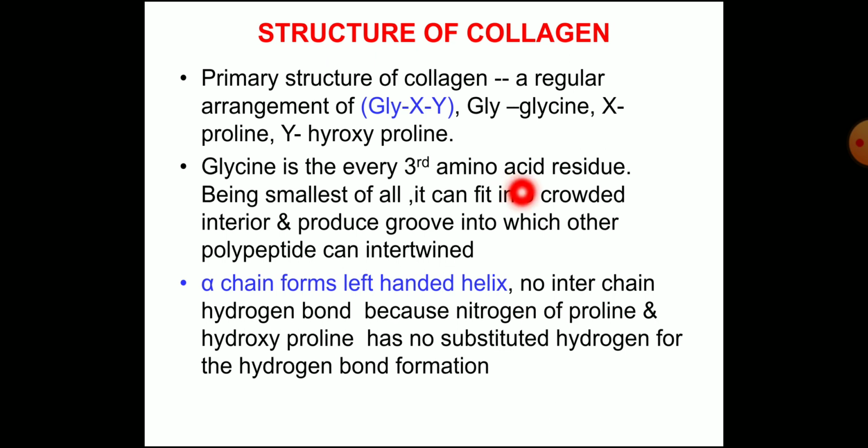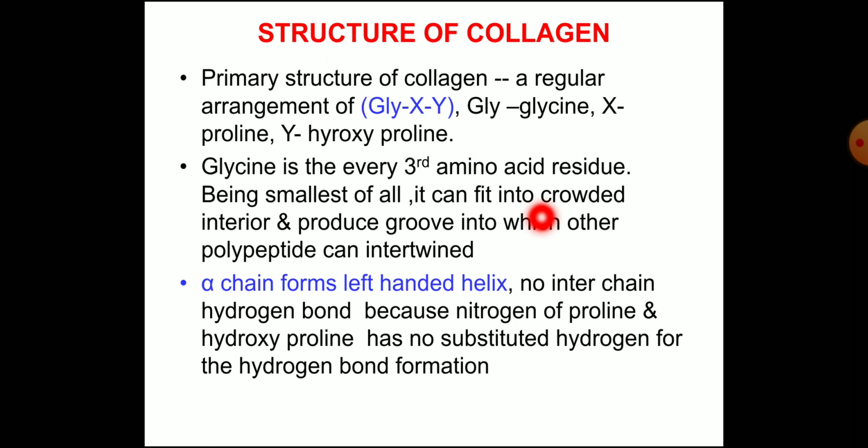Now the structure of collagen. The primary structure of collagen, as you know, is a polypeptide chain with a regular arrangement of glycine, X and Y, where X and Y may be proline and hydroxyproline.